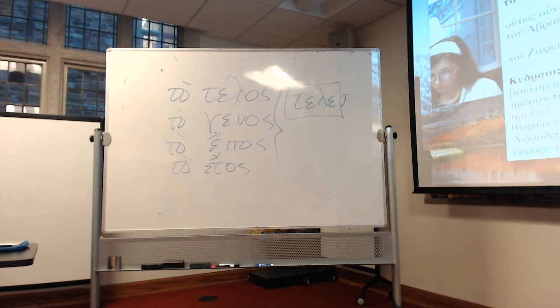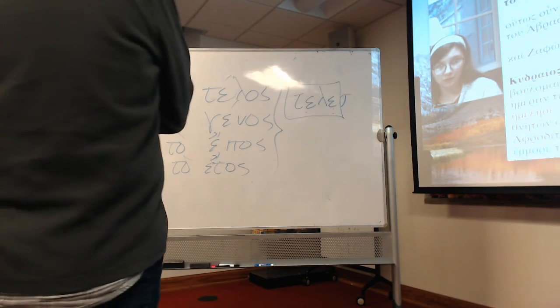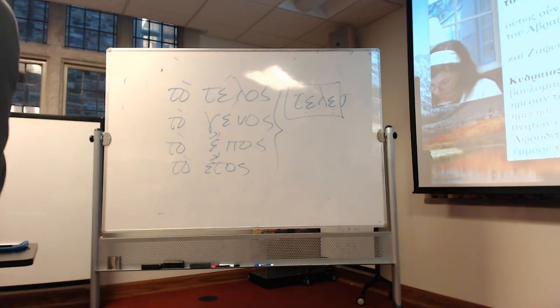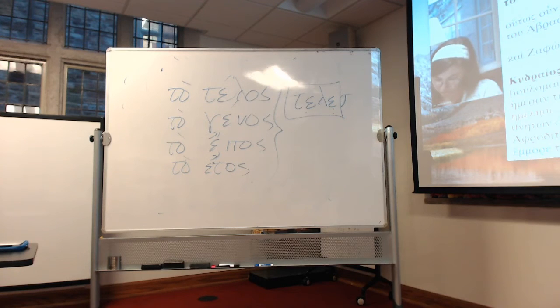There was a cowherd, very good, Anchises by name. And Metis explained to us who Anchises is. He's Aeneas' father. This is how Anchises appears in the Aeneid, right? Anchises.